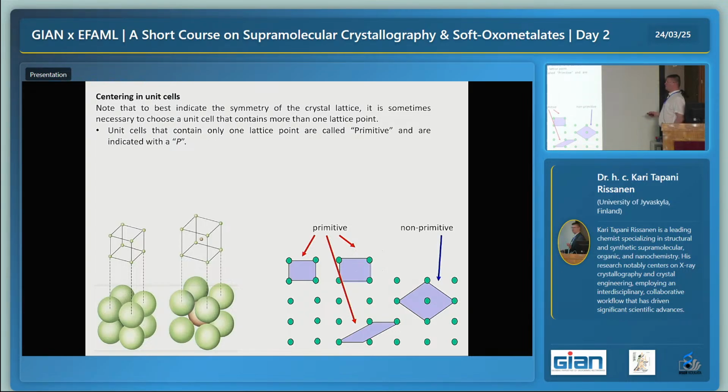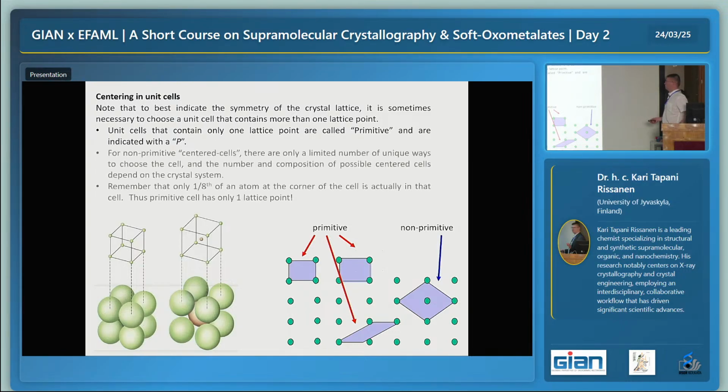So if we take this into account, how many additional possibilities do we have for putting an additional lattice point in, which will increase the number from the 7? The 7 basic ones remain, but this is like an add-on to the 7. For the non-primitive, we call them centered unit cells, and there is only a limited number of ways to choose the cell.